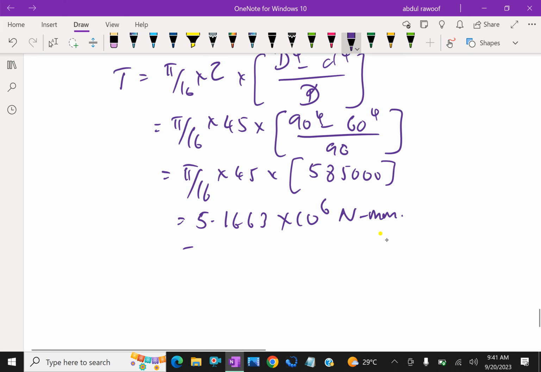You can use kilonewton for 10 power 3 and meter for mm power 3, so a total of 10 power 6 is used. Therefore, it is 5.1663 kilonewton meter.